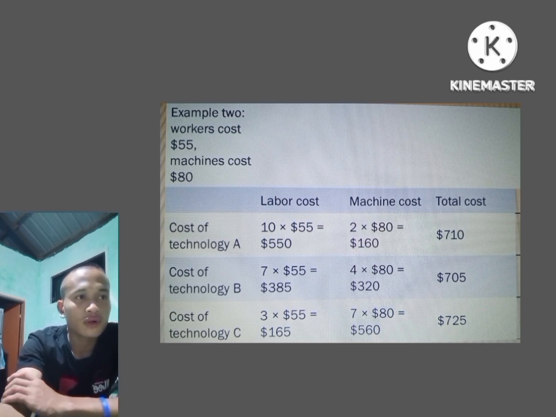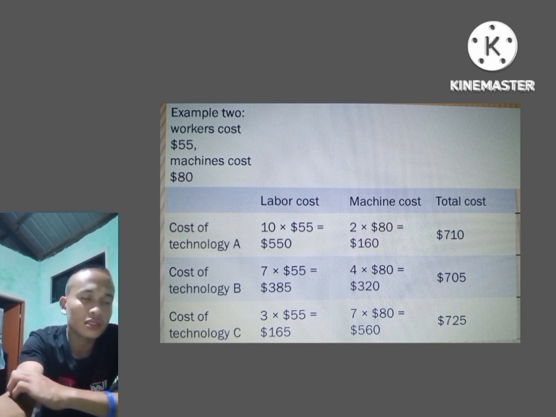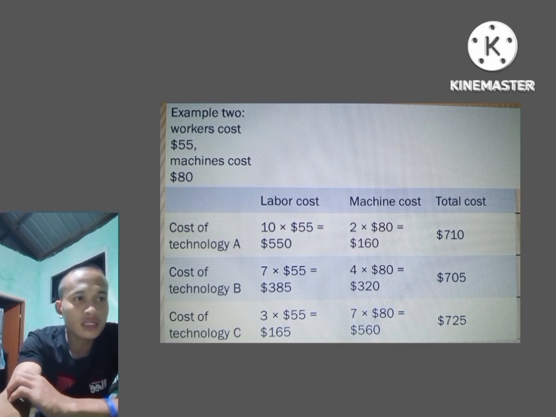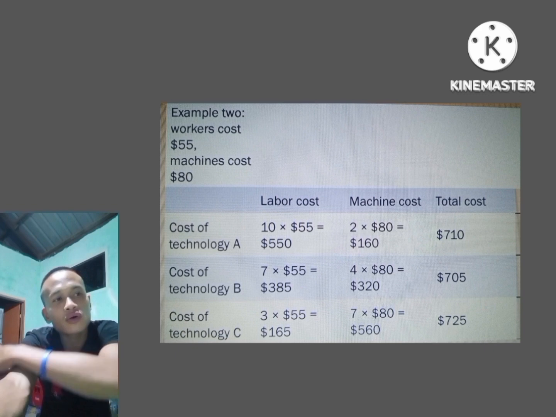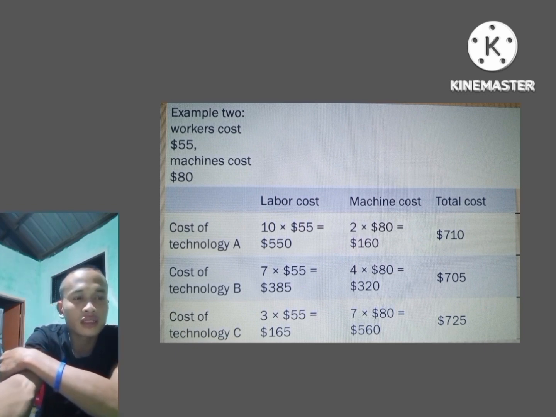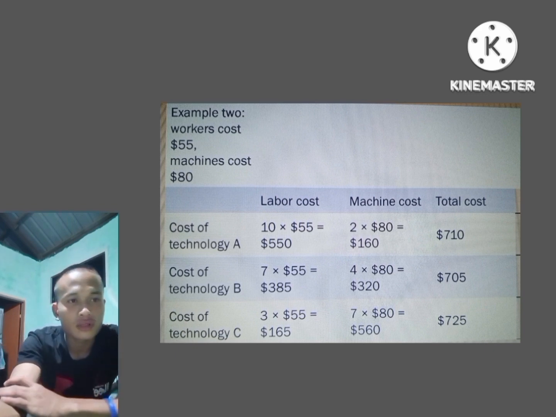You add the labor cost and machine cost: $550 plus $160, the total cost is $710.